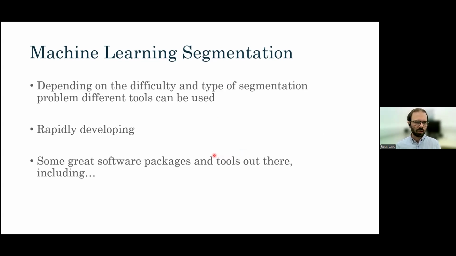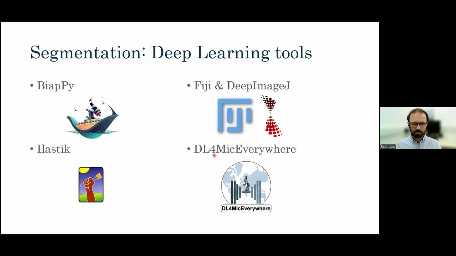So machine learning segmentation, depending on the difficulty and the type of problem, different tools can be used to segment your particular object of interest. The field is rapidly developing, and there's some great software packages and tools out there, including the following. There's BioImage, Fiji, and DeepImageJ. DeepImageJ allows you to download pre-trained models from the internet that you can use to segment your feature of interest if it's been trained on that already.